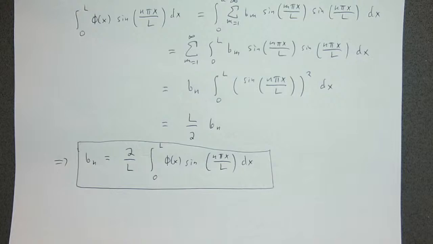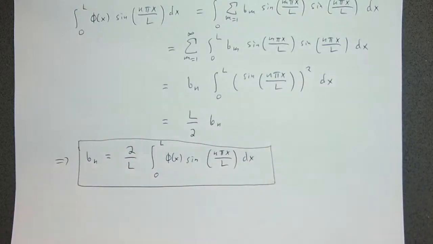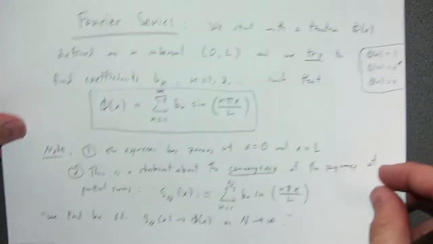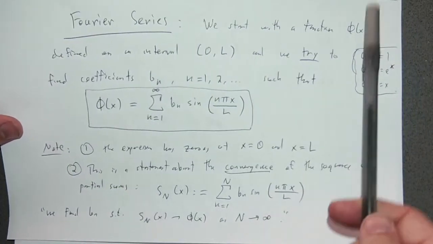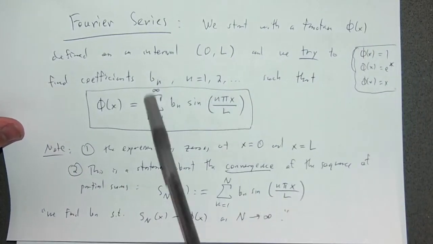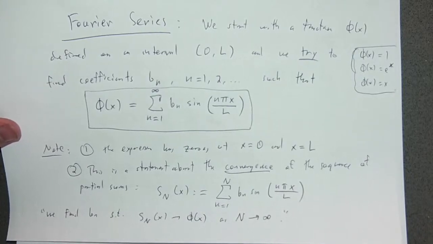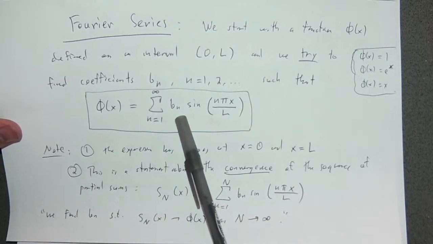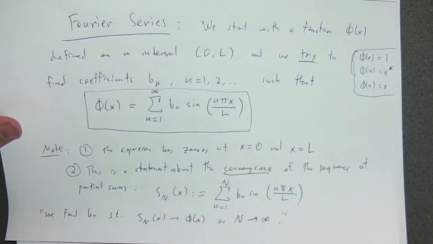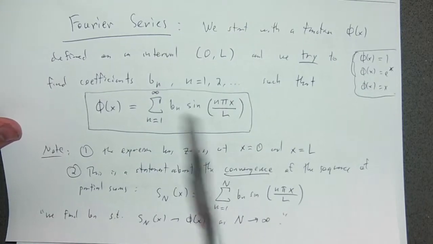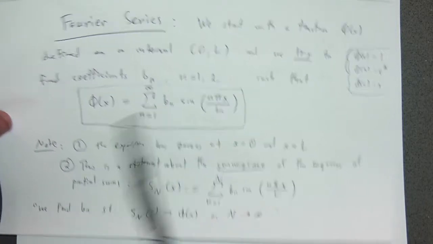And so, let's go over what it is that we have done. We have wanted to write a function, phi of x, as this infinite sum. The sum from n equals 1 to infinity of b sub n sine of n pi x over L. Okay, say that we can do this. How do we find out what the coefficients are?